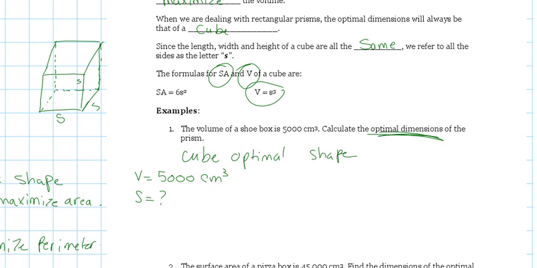That's right. Because the volume is given to me, I have to start with the volume formula. I can't just plug in the volume for the surface area. It doesn't make sense. Because the volume is given to me, I'm going to have to use the volume formula.